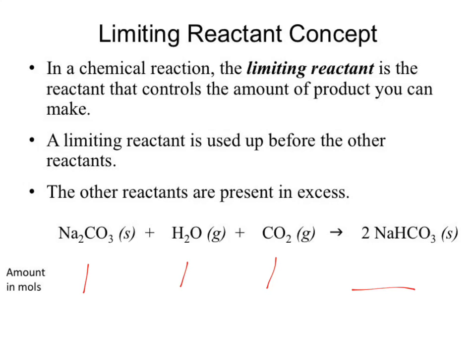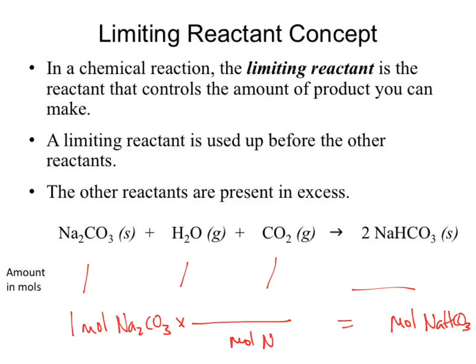What we're saying is, given 1 mole of Na2CO3, what do I want? Moles of NaHCO3. Dimensional analysis. Moles of sodium carbonate, and what do I want on top? Moles of our sodium hydrogen carbonate.